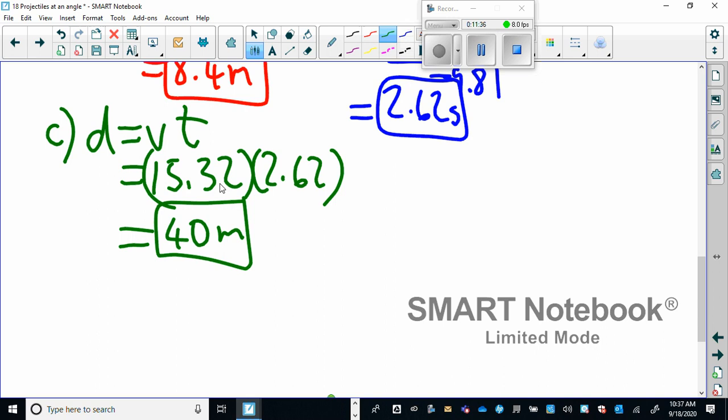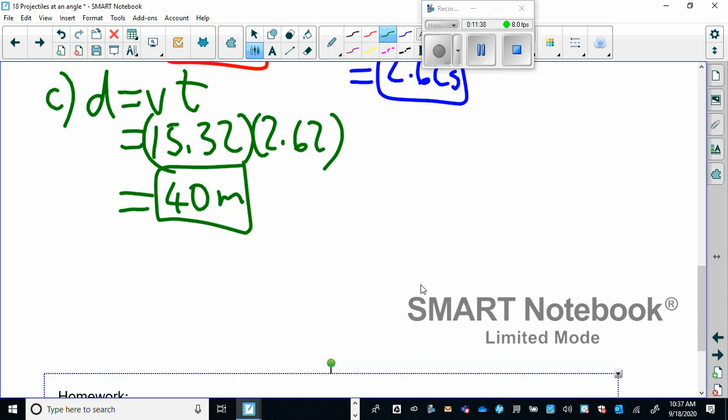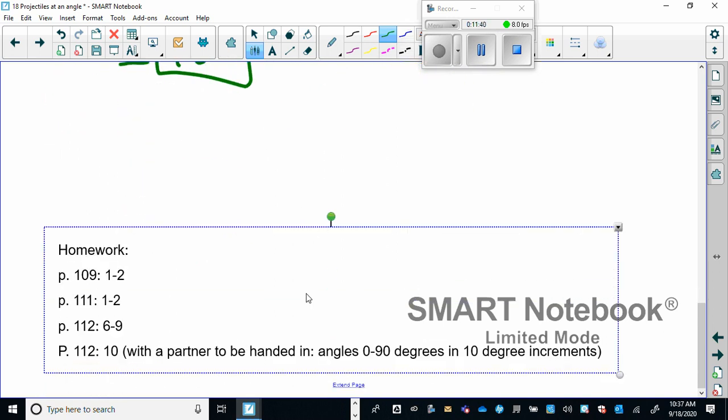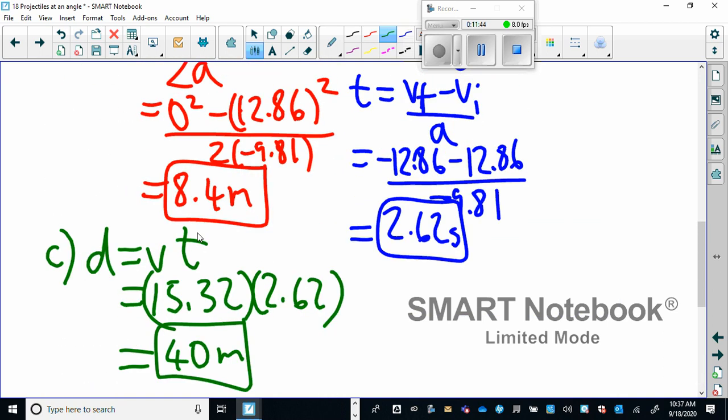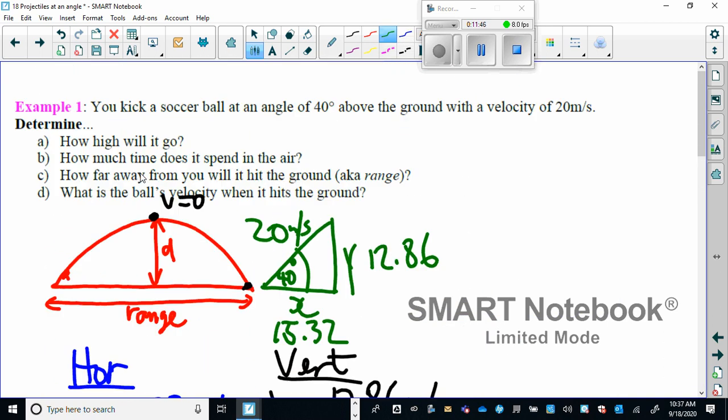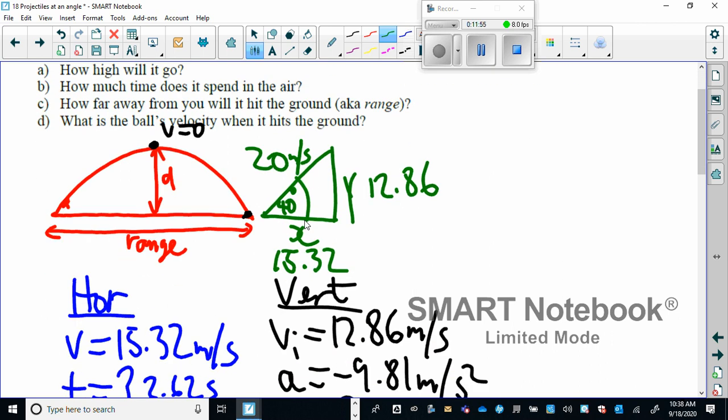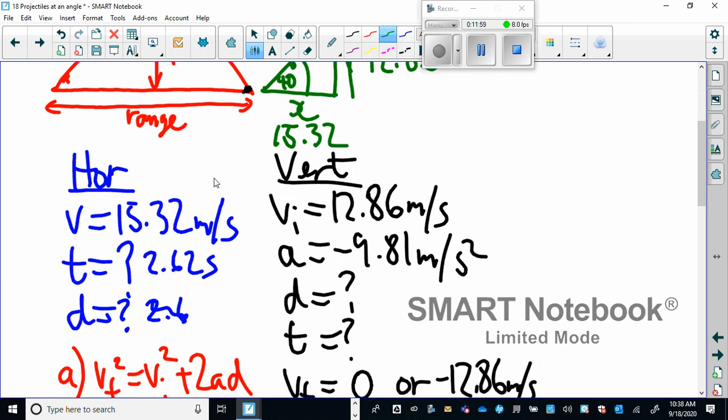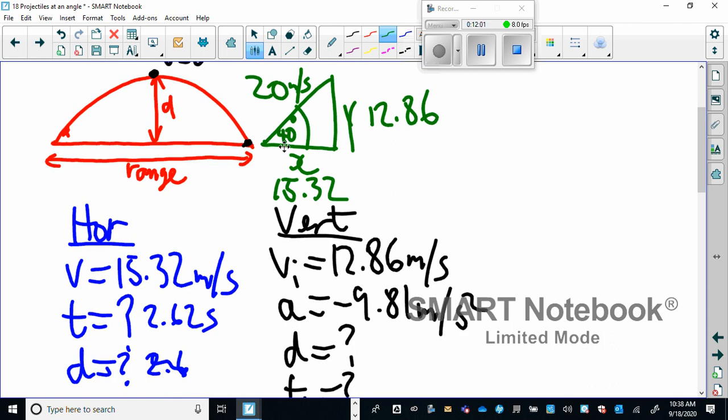And then the last question. Once again, we can fit it in here. The last question is the same as the previous lesson. What is the ball's velocity when it hits the ground? Now that one is an interesting one because of course we have the initial velocity and it has a vertical and a horizontal component already.